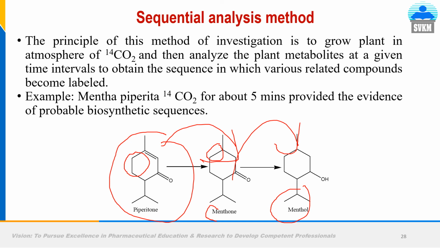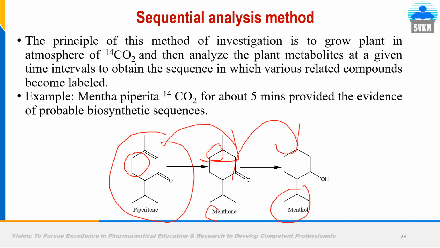When we have to study the continuous route of different intermediates and products from one single chemical moiety, we have to go for the sequential analysis method. The principle of this method is to grow the plant or species in an atmosphere of 14CO2. We all know plants require carbon dioxide.